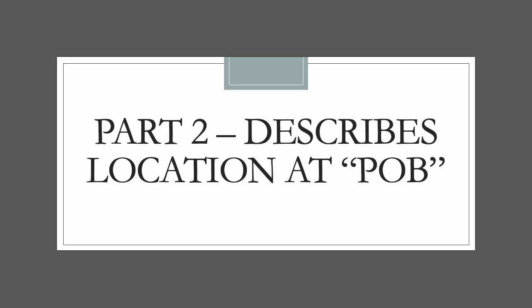Now, Part 2 describes the location of the point of beginning. And the point of beginning is a precisely defined point that is located somewhere on the property's boundary or some nearby identifiable monument. And it's going to serve as the starting place for the outline of the property's boundary lines. And so surveyors use a variety of methods to find the property's point of beginning.